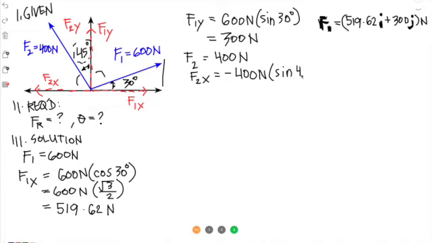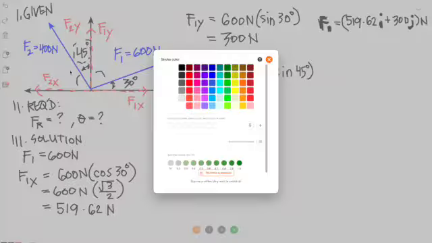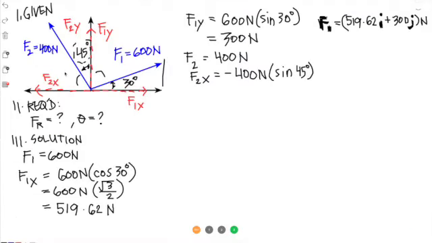But you know well that it doesn't matter if we use cosine 45, it would be the same, since we have another 45 angle here. But please be very particular, because not all the time this would be 45 and 45.